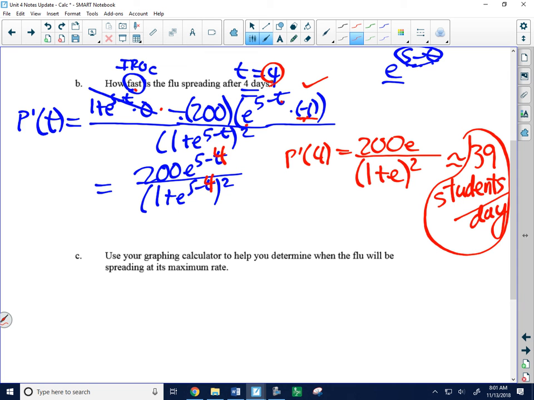There's a calculus way to do this where we do the second derivative, but it's a little more than I'd like for us to do. So instead I'm going to have us just use our graphing calculator.